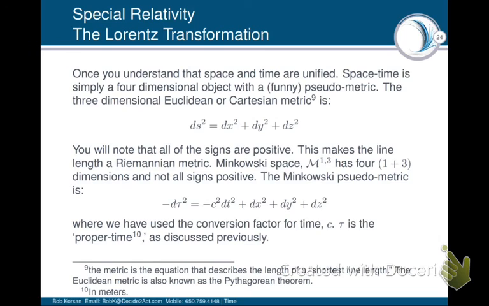Minkowski space, which has four dimensions, 1 plus 3, doesn't have all signs positive. The Minkowski pseudometric has minus c squared dt squared plus dx squared plus dy squared plus dz squared.